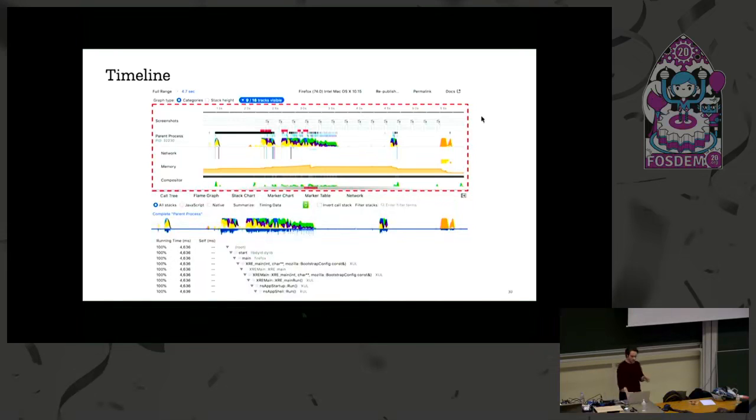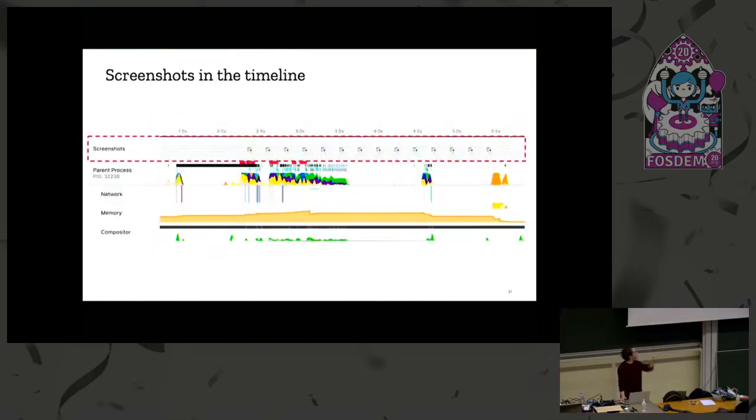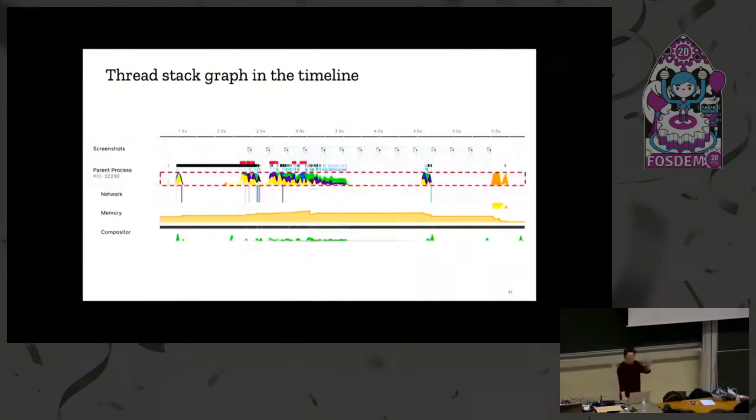And here, at first row, there is a screenshot track. So it also records screenshots of your Firefox. So you can actually see the UI and the code at the same time and try to see what is happening here. And you can also hover over those and try to see the bigger screenshots.